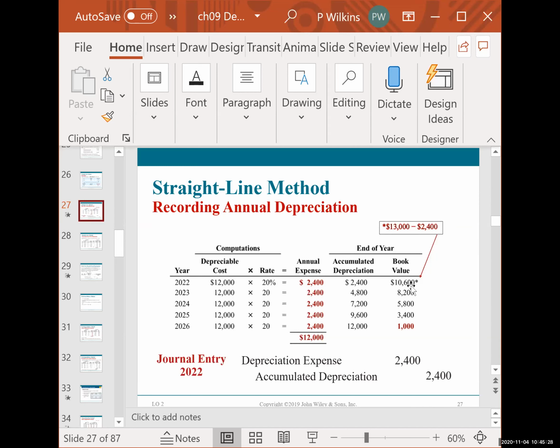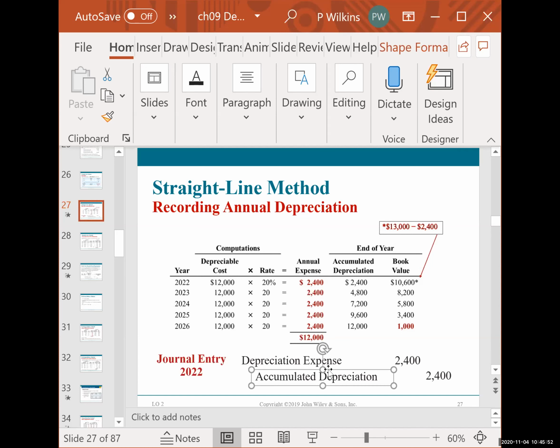But you're technically able to figure out what the book value is because it shows on your financials, and it's subtract $2,400 every year, because see how the accumulated depreciation goes up $2,400 every year until you get down to the end, which is the book value of $1,000. And that's the salvage value, equal to the salvage value, okay?